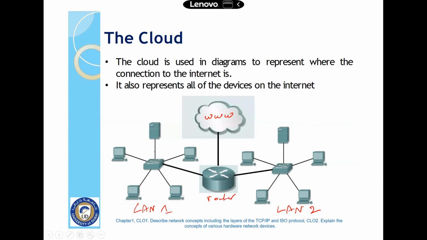The internet is usually represented by the three letters www. It also represents all the devices on the internet. So if this device wants to connect to the internet, it sends the message to the switch. The switch will send it to the router, and the router will send it to the internet.